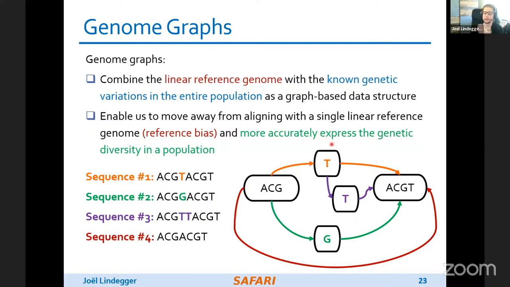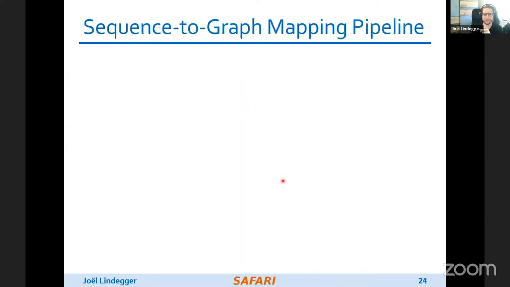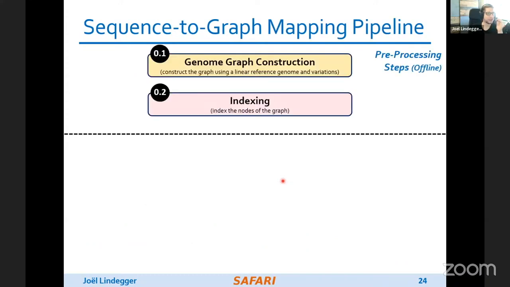Okay, and then you can imagine that somehow in software or in hardware, you need to have a graph data structure that just stores these as pointers. The edges are pointers and nodes are still strings. And then you now need to figure out how to do sequence alignment on that. So what I just showed you is the genome graph construction. It's a pre-processing step, so I hope you can envision how that roughly looks.